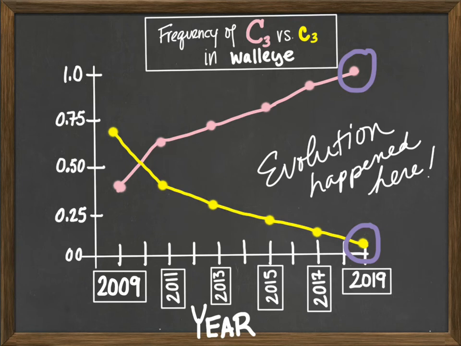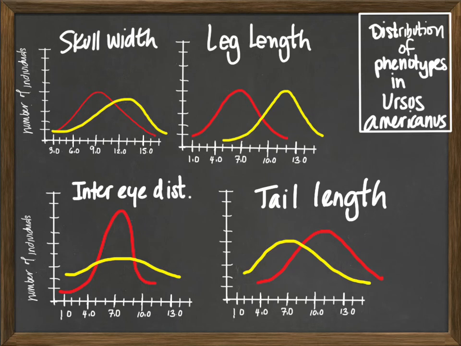Now, each of these examples is a very narrow picture of the kind of changes that can occur in a species or a population. Evolution in size or evolution in a single gene. But very often we want to see a larger picture. So we might want to look at several traits at once, such as this. Here we're looking at distribution of phenotypes in Ursus americanus, that's the black bear.